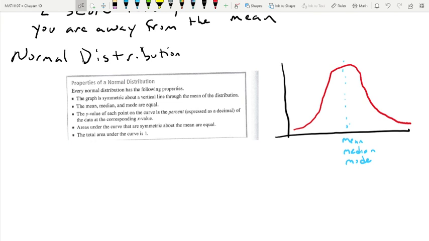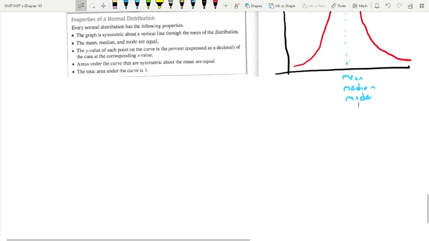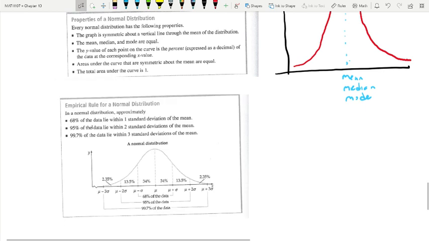And then in terms of our distribution, we have this basic rule dealing with our data set. So for a normal distribution, 68% of the data is within 1 standard deviation, 95% is within 2, and 99.7% is within 3 standard deviations of our values.